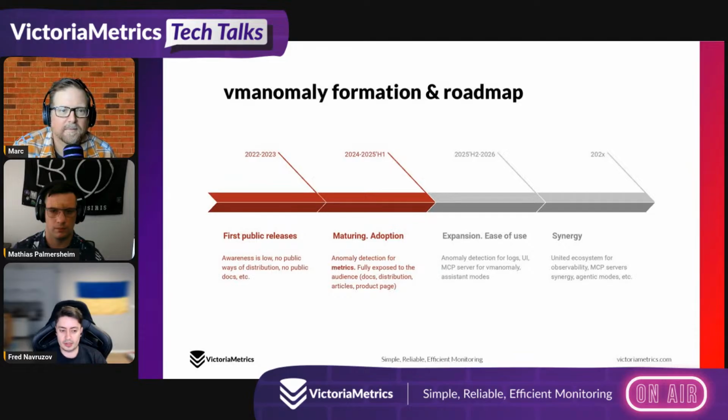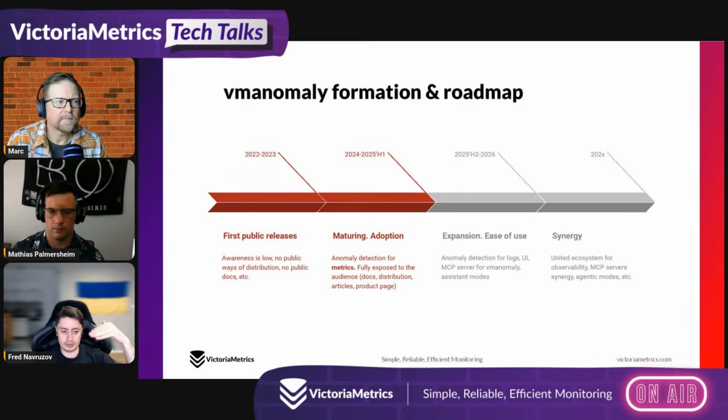And as for any other components and the ecosystem in general in VictoriaMetrics, we have plans to make a unification. So we'll have a united ecosystem for observability. We'll have MCP servers. We'll have not only assistant modes, but agentic modes on top of it, because we believe this is the future of how observability should be done.